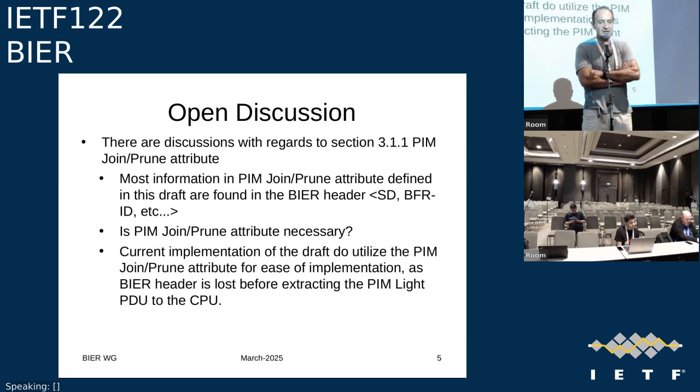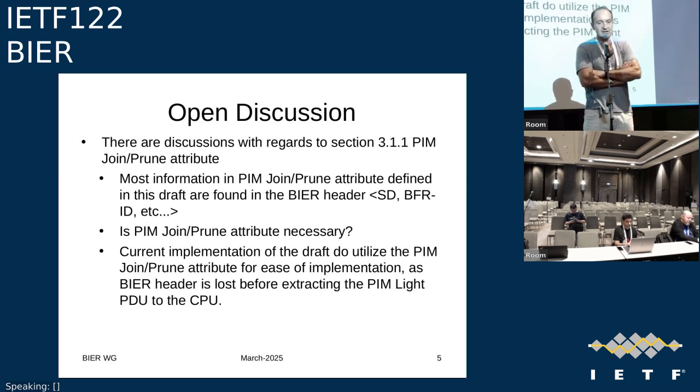The information is already included in the PDU, and that way we just strip the BIER header and we send it directly to the CPU. So from an implementation point of view, it seems easier, because as soon as the packet comes in, we realize it's PIM Lite. We strip the BIER header, and whatever goes up into the CPU has all the information that is needed.